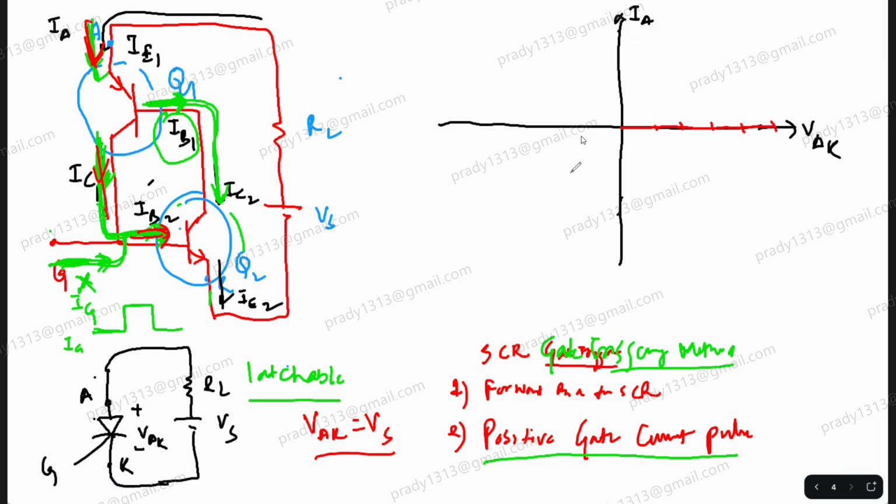Now let's say at any one of these supply voltages, I apply some positive gate current. So what happens? Current will start increasing. Let's say anode current is at this point. Is the device conducting?